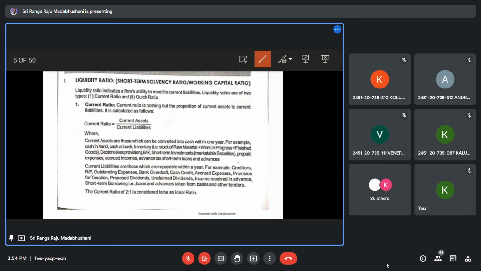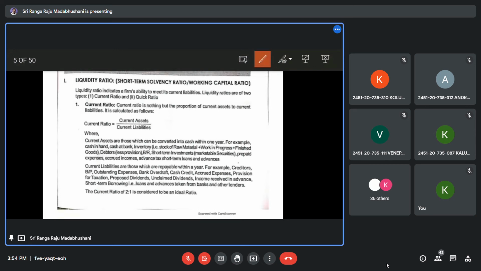If you are able to realize that amount within 1 year, then it is a current asset. And prepaid expenses, accrued income, income earned but not received, expenses paid in advance, tax paid in advance, or any short-term loans given to employees and others. That comes under current assets.